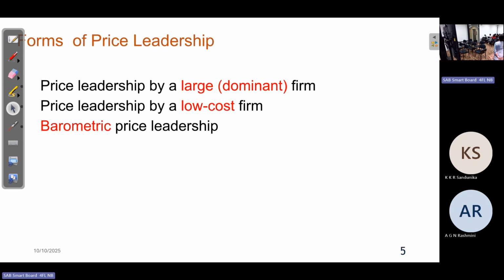Will you define the examples? Okay, tell me the examples for price leadership by a large or dominant firm in Sri Lanka.